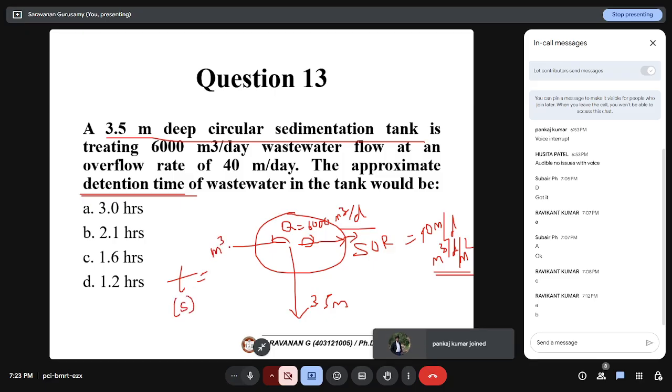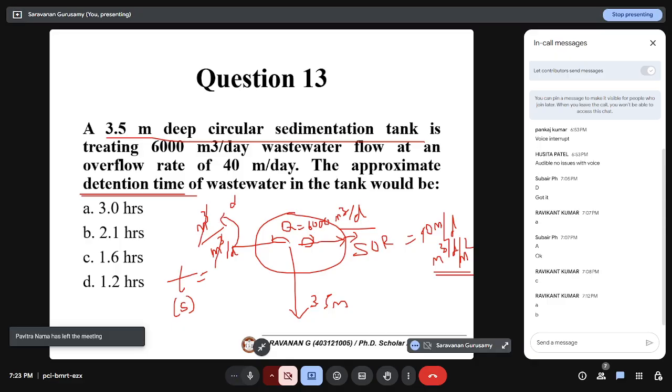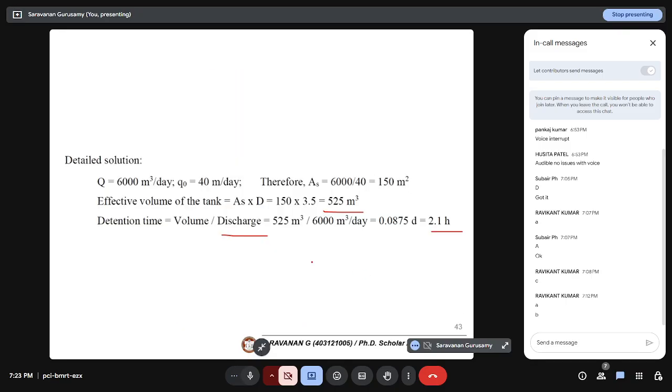Meter cube per day, if you divide by meter cube, you will get the D. So we have meter cube per day. Q is given. How to find the volume of the tank? We have the depth of the tank. We need to find this volume. How to find this volume?